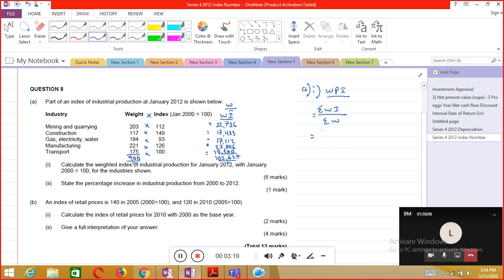So over here we're going to take 102,627 divided by 900. Now for this formula, please don't times 100, because index is already a percentage, so you don't times 100.